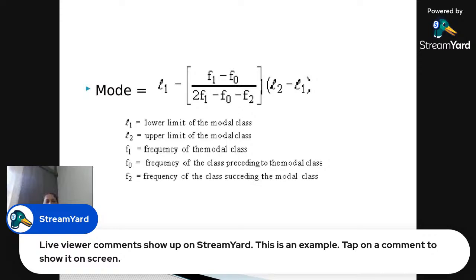Is that not audible? I really don't know what the problem is. Okay, now, audio not clear.